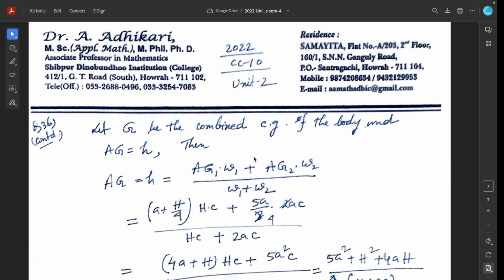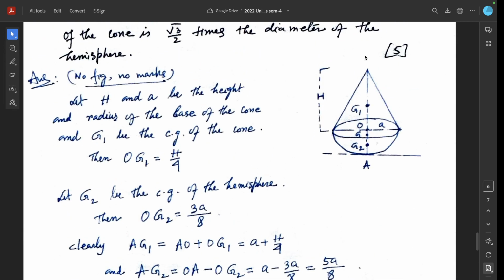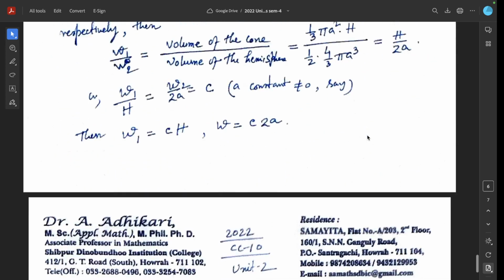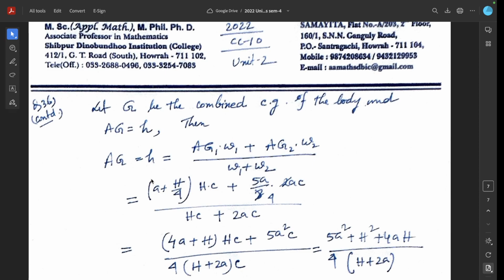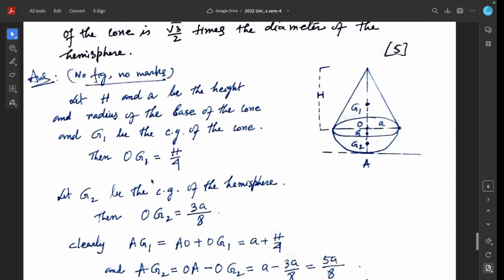Let G be the combined center of gravity of the body, meaning the hemisphere and cone. So the height of this combined center of gravity from the base point A is AG, equal to small h.